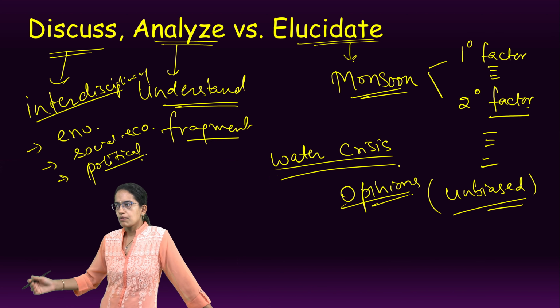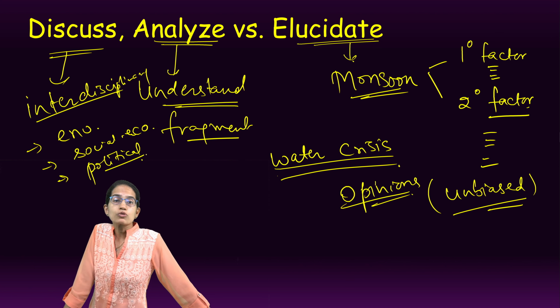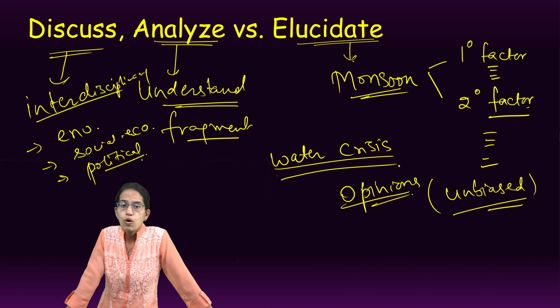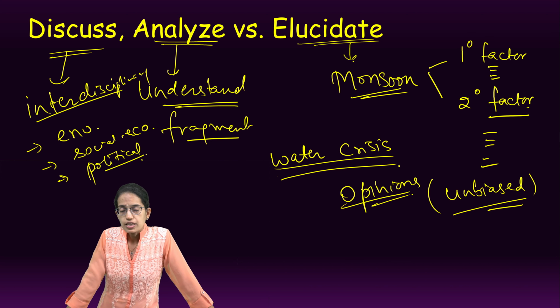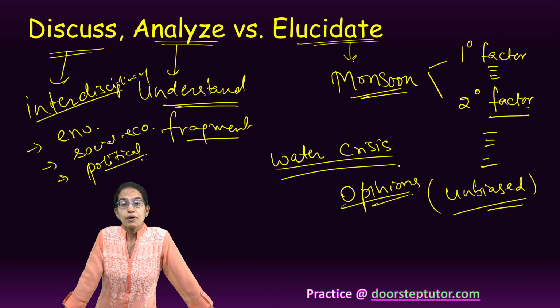I take another example. For example, we talk about persons of Indian origin or overseas citizens of India, and then we say Pravasi Bharatiya Divas.